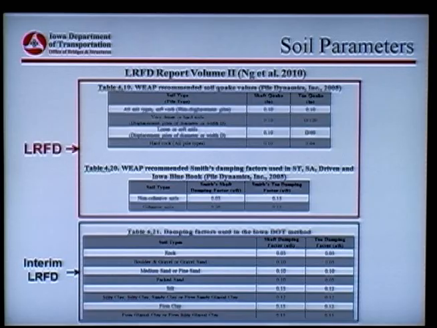And the quake value is what is recommended by the PDI, Pile Dynamics Incorporated, that developed the program. I think this is the same quake value that you use in the current procedure, but the only difference is the shaft as well as the toe damping factors.